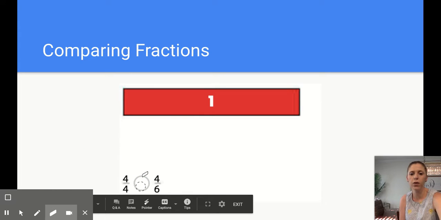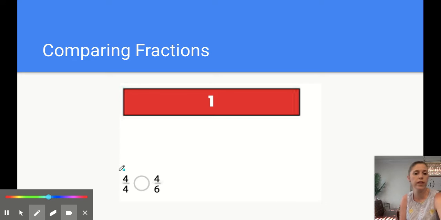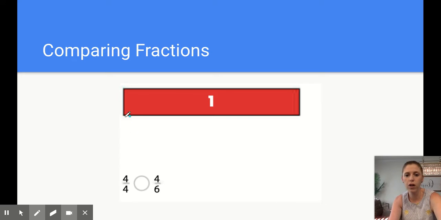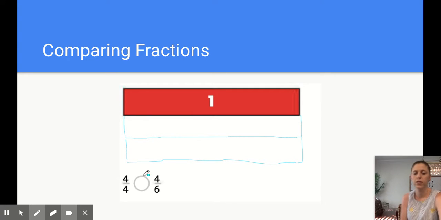All right, now we have 4/4 compared to 4/6. So I'm going to draw fraction strips to model 4/4 compared to 4/6. Remember that we want these fraction strips to be the same size to represent the whole, so that we can effectively compare these fractions.